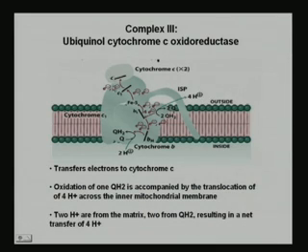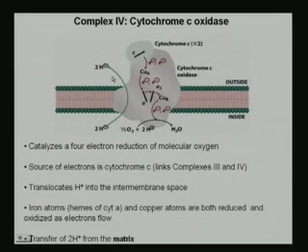Now, when it comes up to cytochrome C, this cytochrome C accepts the electron, and then it catalyzes a 4 electron reduction of molecular oxygen. The source of electrons is cytochrome C. This cytochrome C further donates the electron via the copper complex, and then it comes to cytochrome A3, and ultimately it reduces oxygen to a water molecule.